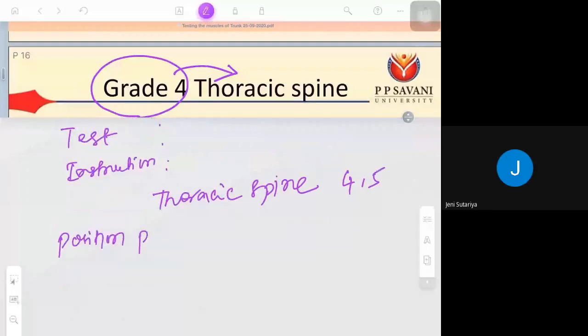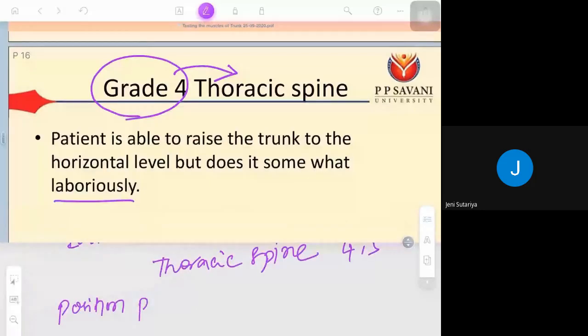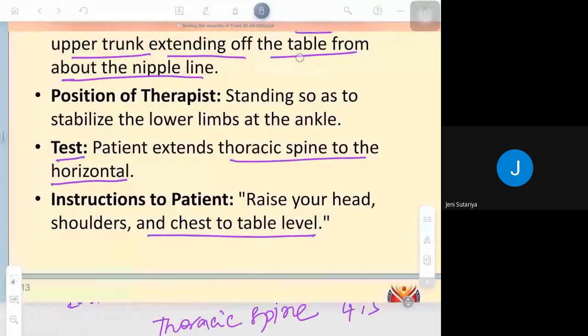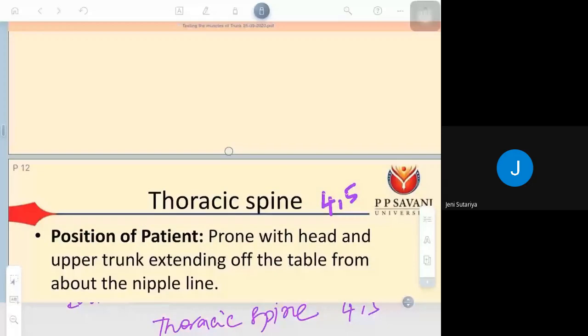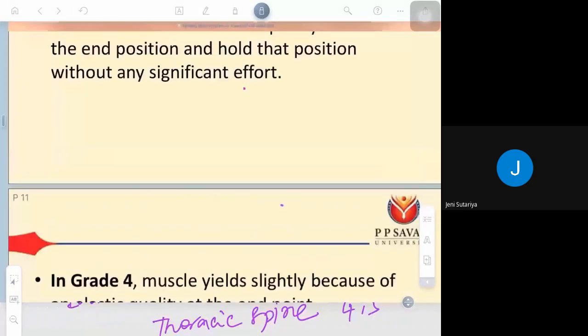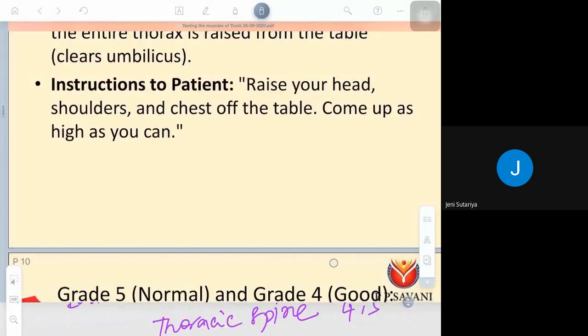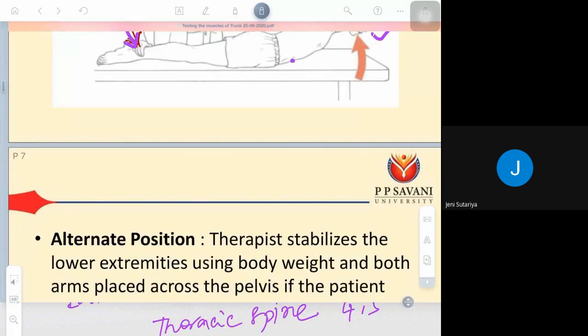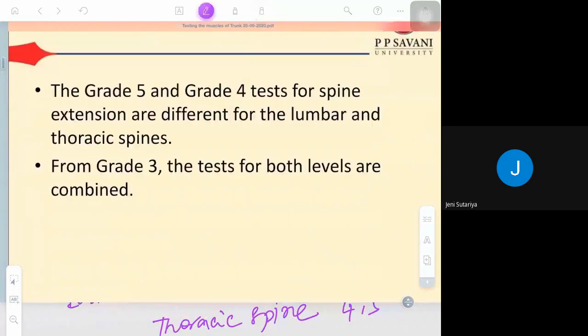Okay. So now, what did we discuss in the first slide? From grade 3, tests for both levels are combined, that is for lumbar and thoracic.